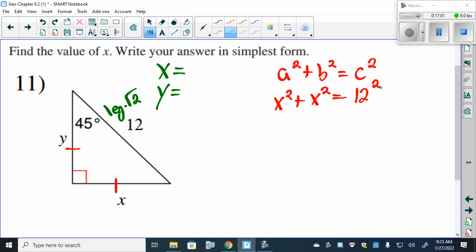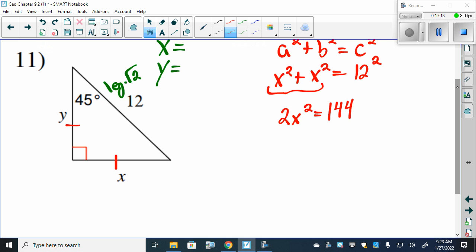Well, as we saw already, x squared plus x squared is 2x squared is equal to... Now what do we do next? Divide both sides by 2, so we get x squared by itself. So this will tell us that x squared is equal to 72. And last but not least, what do we need to do? Find the square root of 72.